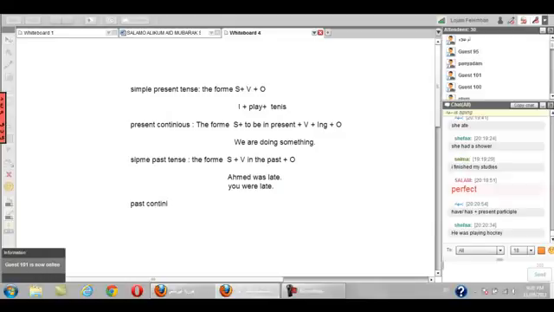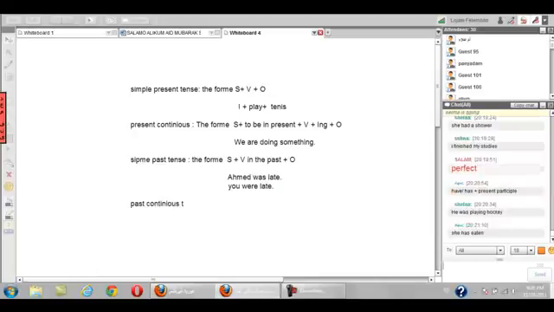Okay, and then we have seen, not simple, but past continuous tense. The form of the tense is subject plus to be in the past plus verb plus ing plus objects.